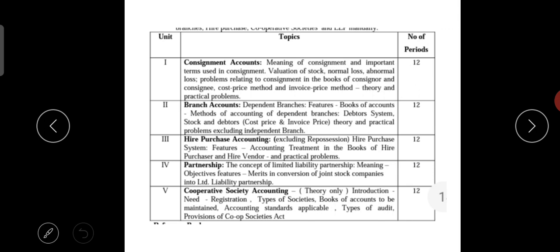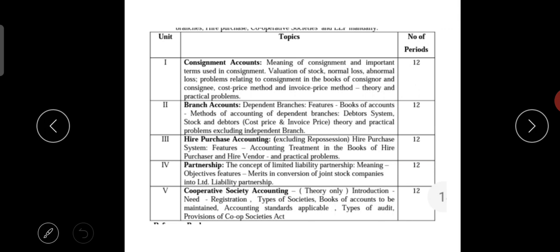It is called income statement and balance sheet, and it is called statement of assets and liabilities. These two have to be prepared in prescribed format as stated in this LLP Act. So you have to prepare the final accounts of LLP in prescribed forms in this unit.